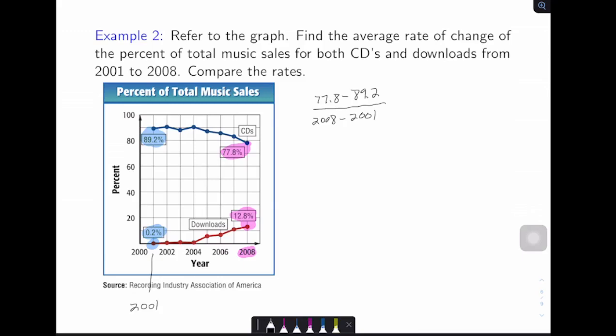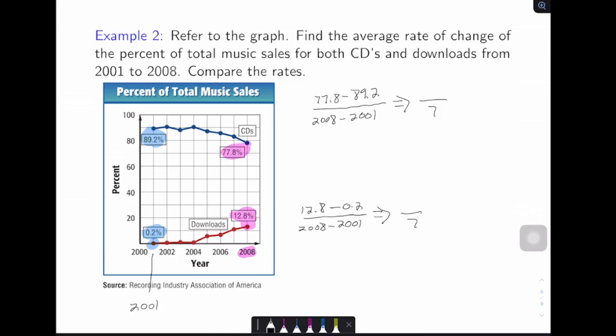And then for downloads, we're going to get 12.8 minus 0.2 all over 2008 minus 2001. Well, the denominators I can easily do. This will just give me a 7. This will just give me a 7.